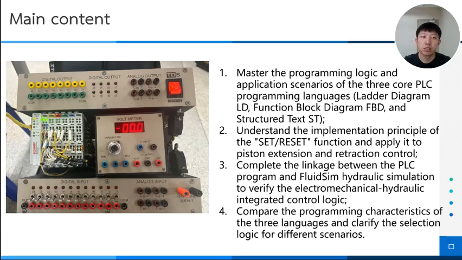Third, connect the PLC program with fluid simulation to test the mechatronic control logic. Fourth, compare the features of the three languages and learn which one to choose in different situations.